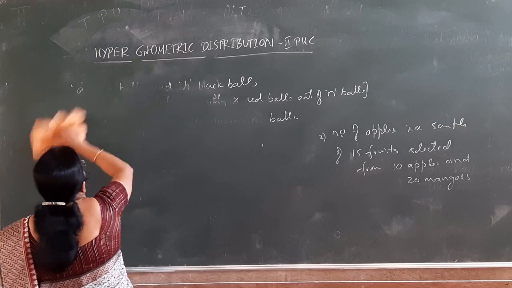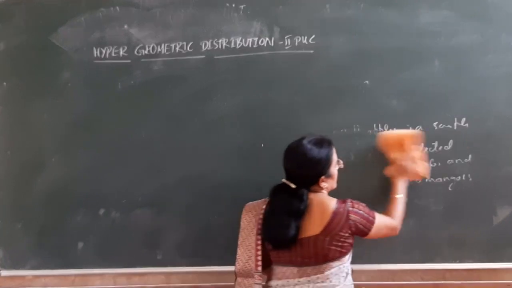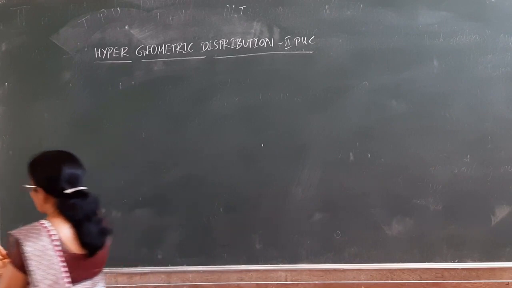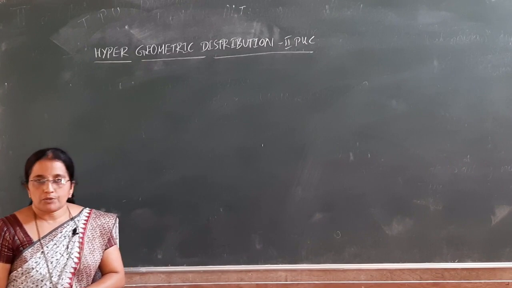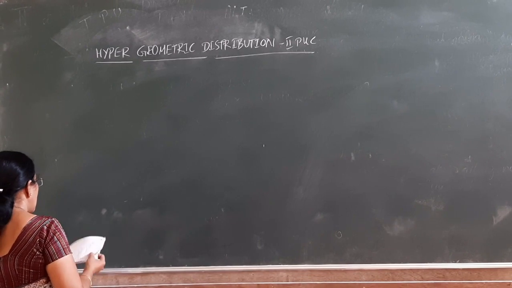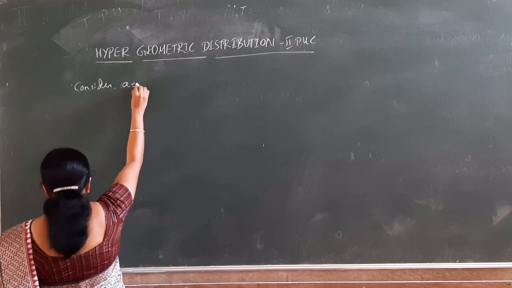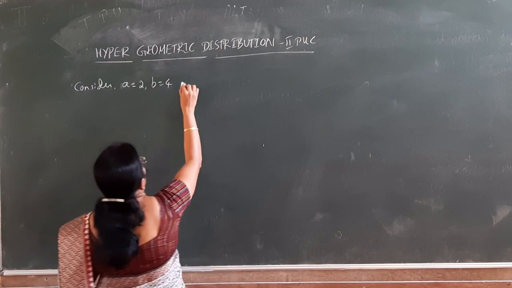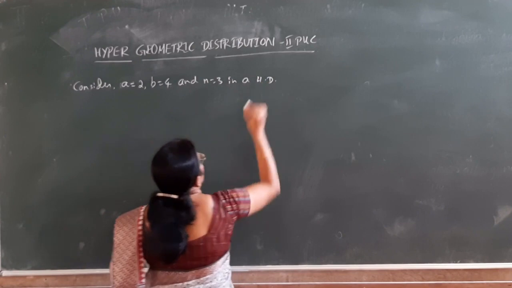That is, if A, B and n are given in a particular situation, how to write the probability distribution of a hypergeometric variate X. For example, consider A equal to 2, B equal to 4 and n equal to 3 in a hypergeometric distribution.